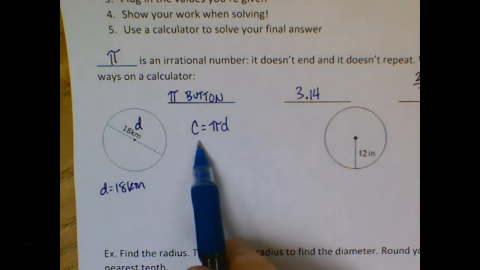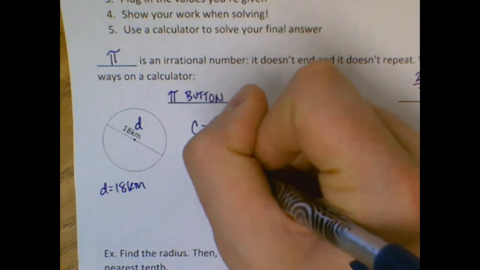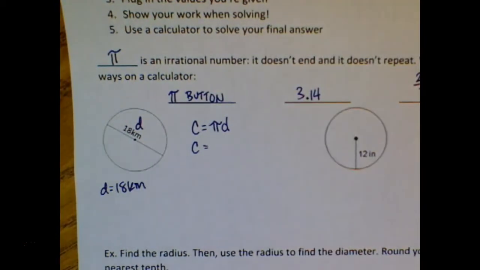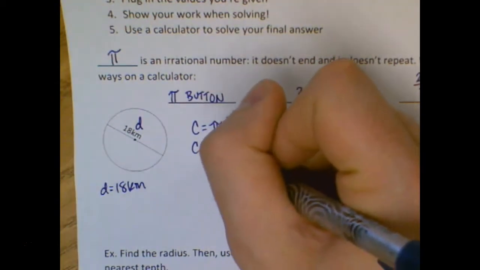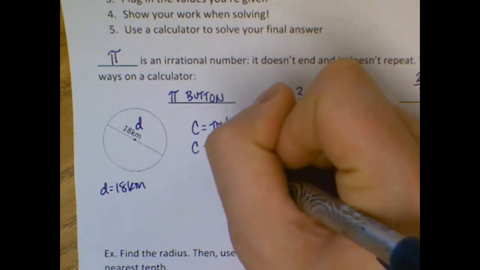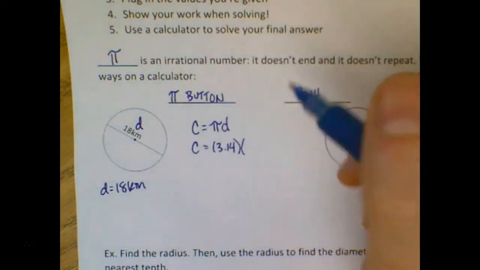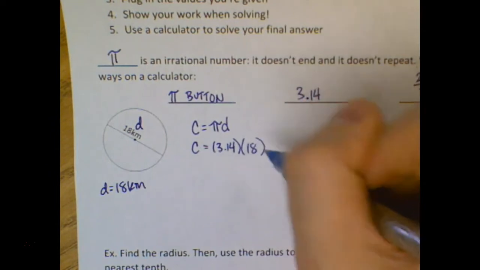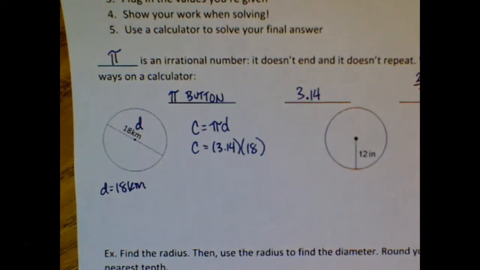All right, so C equals pi d. We're looking to find the circumference. Throughout the formula, we're going to plug in the values we're given. Instead of pi, we're going to do 3.14 times 18. Grab your calculator, try that out real quick. I'll pause for a second to let you plug that in.